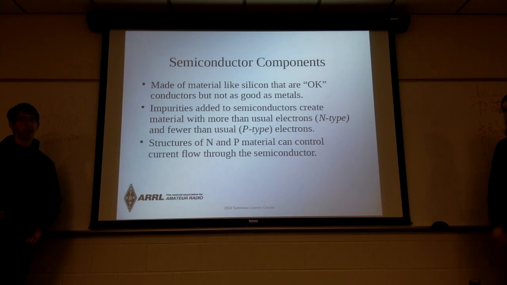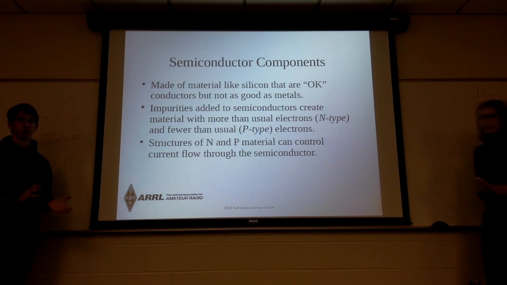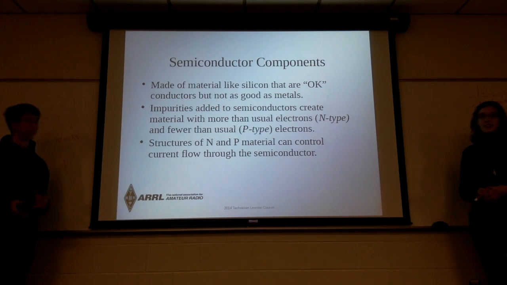And the way we can do that is by changing the amount of electrons in a particular area of the semiconductor. We can do that by adding different types of chemical elements to the semiconductor. So we can take silicon, we call this process doping. We dope it with boron or phosphorus or some other chemical, and that allows us to change the number of electrons that are freely available.